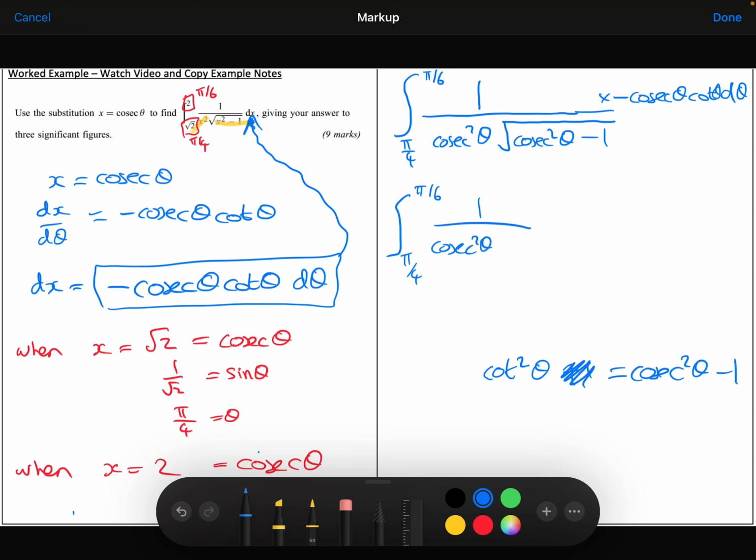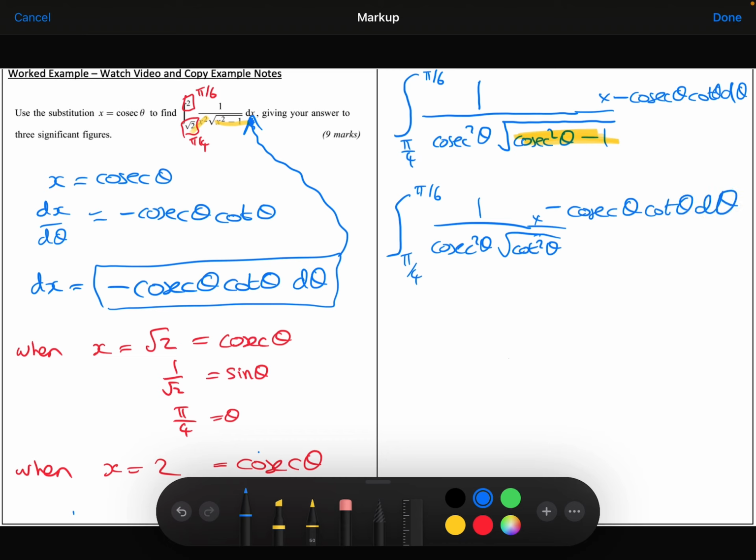So I can replace that cosec squared theta minus 1 on the inside there with cot squared theta. I've still got the minus cosec theta cot theta d theta on the top there.